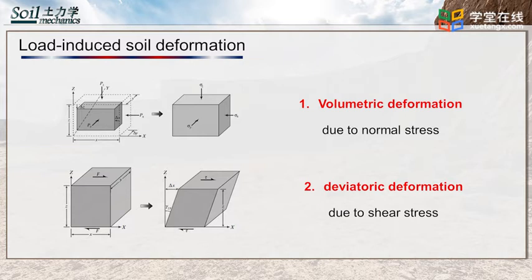When the shear stress is large enough, shear failure of the soil will be induced, and the soil deformation will develop continuously. Usually, shear failure over a large area is not allowed to happen in the ground. The foundation settlement discussed in this chapter focuses more on the volumetric deformation due to normal stresses.